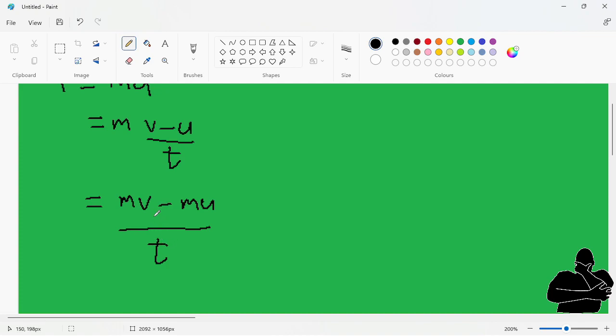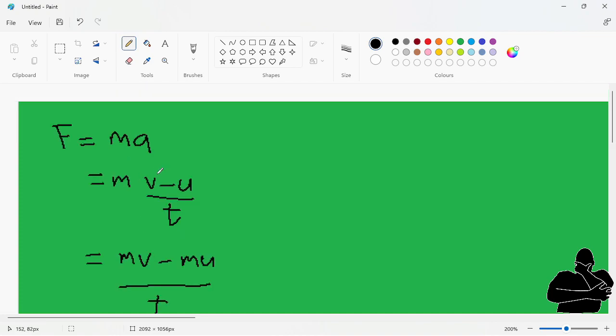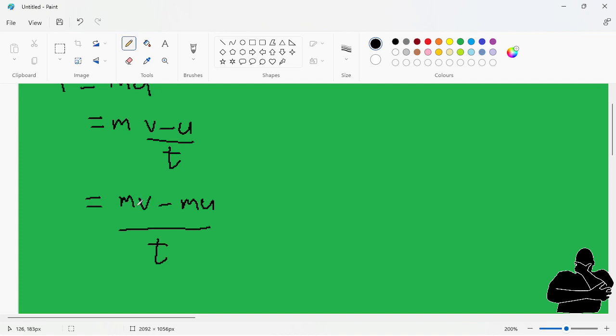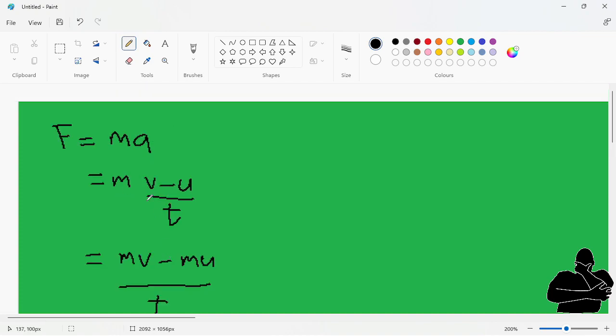And then the time would make this equation equivalent to the rate of change in momentum. And that is the second way of stating Newton's second law. So you can say force is equal to ma, or you can write force is equal to the rate of change in momentum. More than likely, you can get away with writing either of these two equations. So that is the first problem.